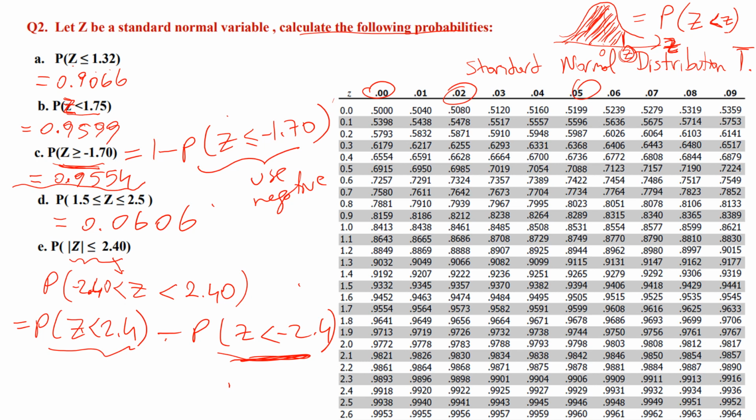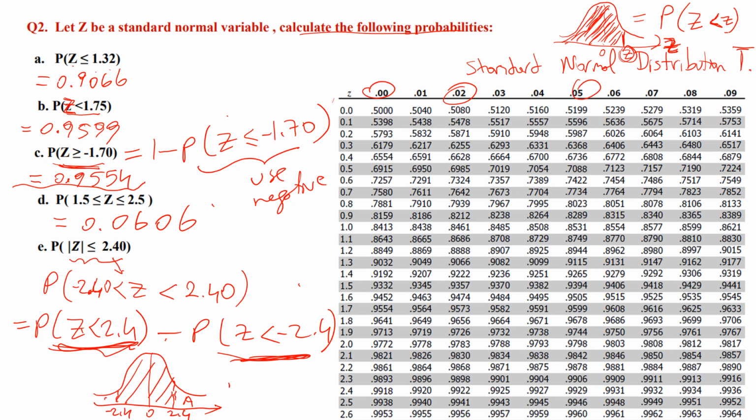Now I will try to use a graph here and get it from the symmetry. Here we have 2.4, and here negative 2.4, and then we want to get this one. Here this is 0. What about finding this area?